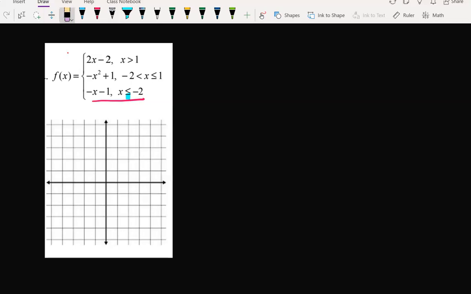Okay, so let's go ahead and do f of -2. And so that is -2 minus 1, which is 1. So it's -2, 1. Right there. And I like to graph as I go.